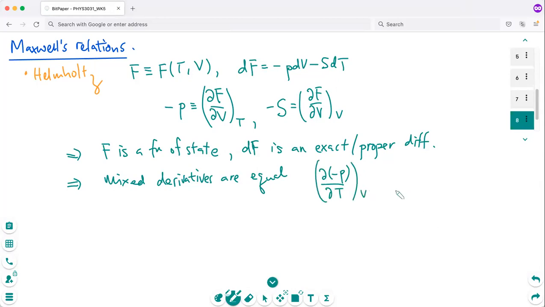Right? Okay. And that is, by definition, equivalent to taking the derivative of this. Sorry, this is wrong.